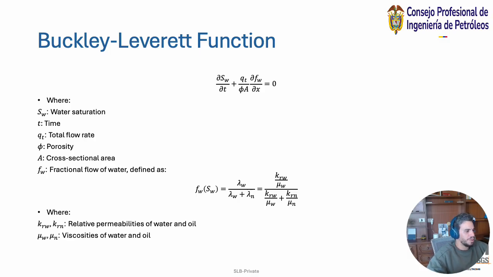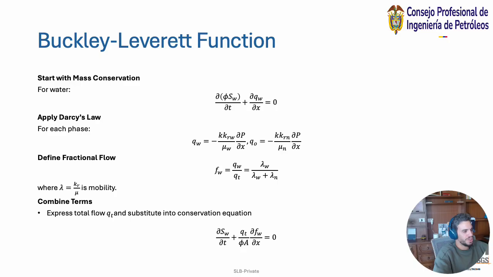So here N, but it could be oil or gas and so forth, right? Where KRW and KRN are the relative permeability of water and oil, and your viscosities are mu W and mu N, okay? So let's go through the steps of derivation.